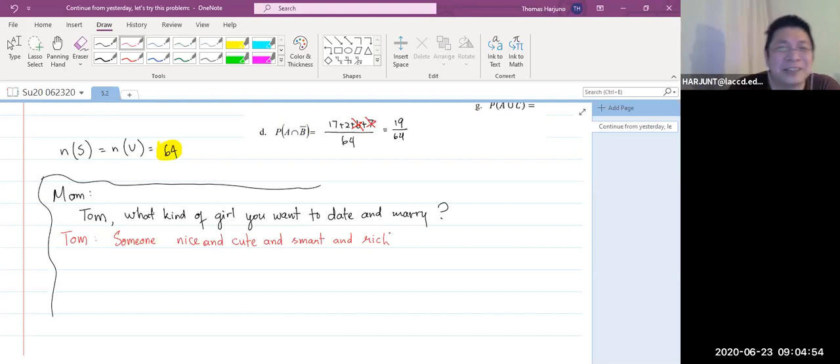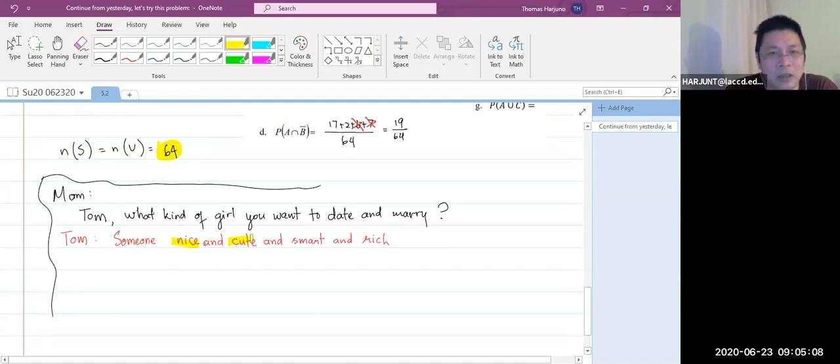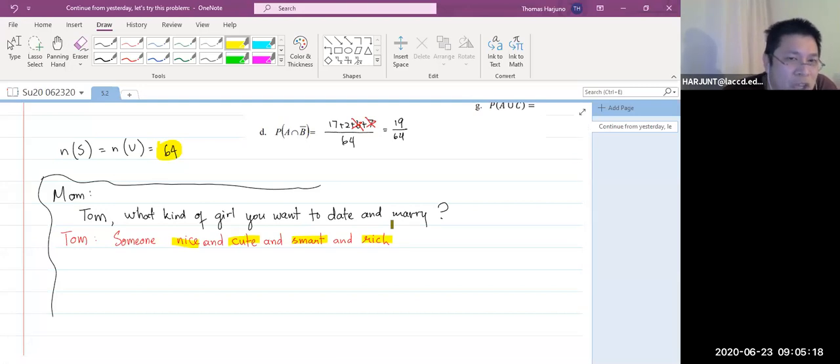And then she said, "Thomas, yes, of course, it's nice if you can marry such a girl, but even if you can find someone who is nice, cute, beautiful, smart and rich, even if you can find someone like that, what makes you think that girl wants to date and marry you?"